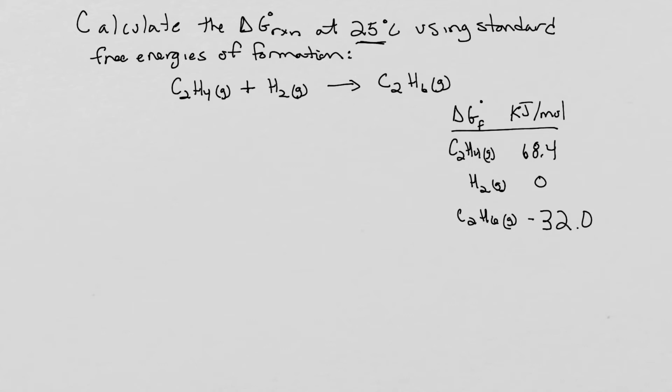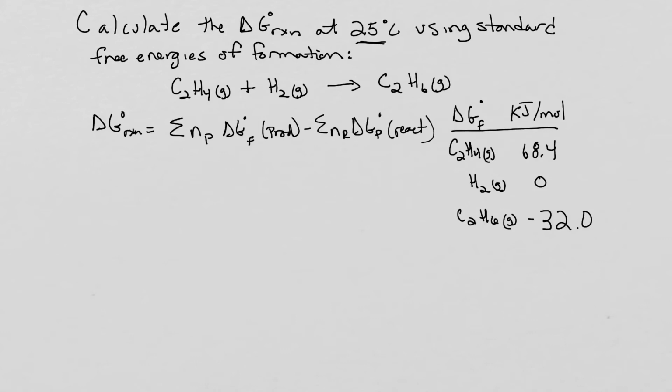So to remind ourselves, that equation is delta G of reaction at standard state equals the sum of the coefficients times the delta G's of formation of the products, minus the sum of the coefficients times the delta G of formation of the reactants.